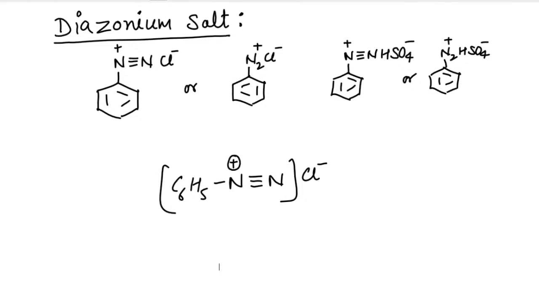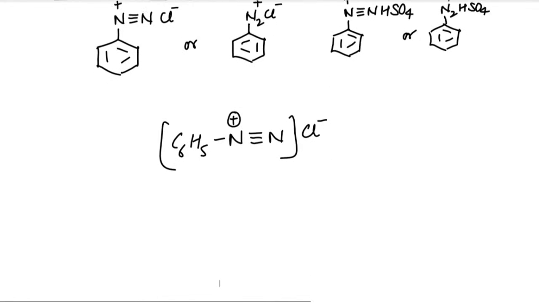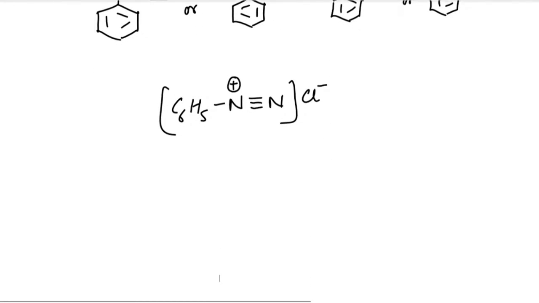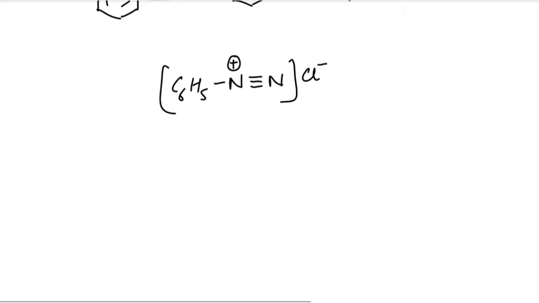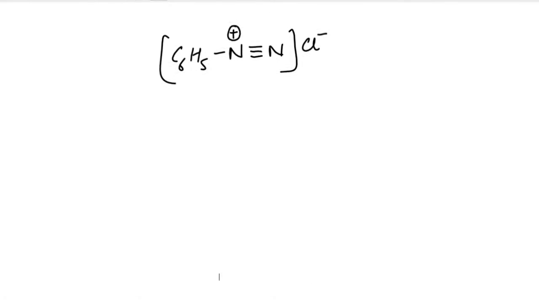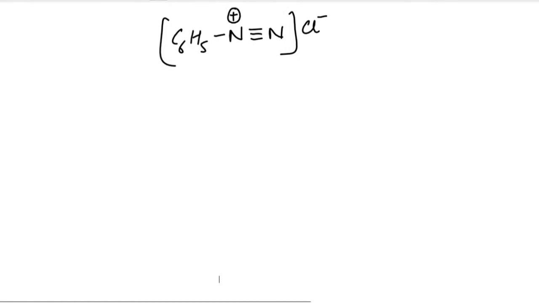So that's why nitrogen gets a positive charge, and that's why it is a highly reactive derivative, because N2 gas is more stable, so that can be easily removed. To prepare diazonium salt, we carry out the diazotization reaction that we have done earlier.